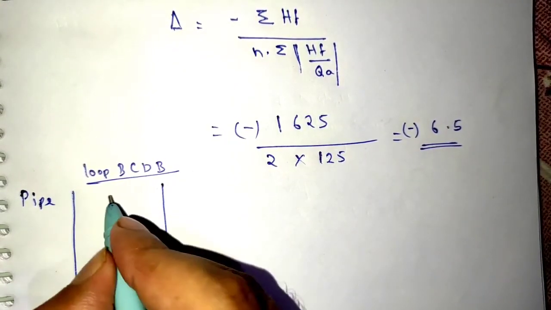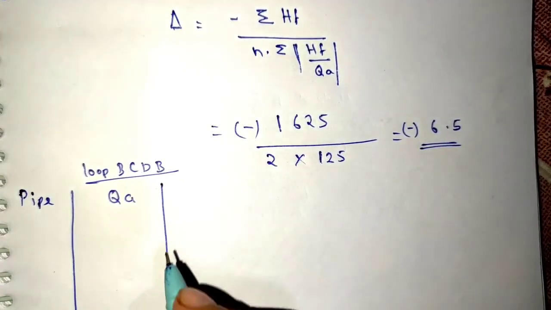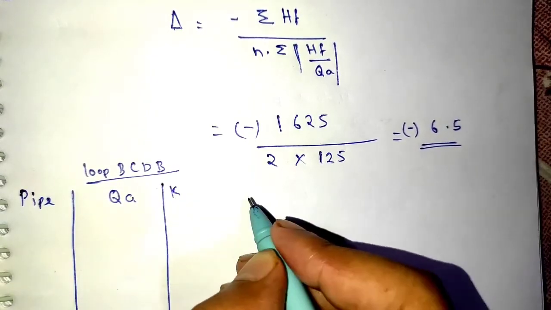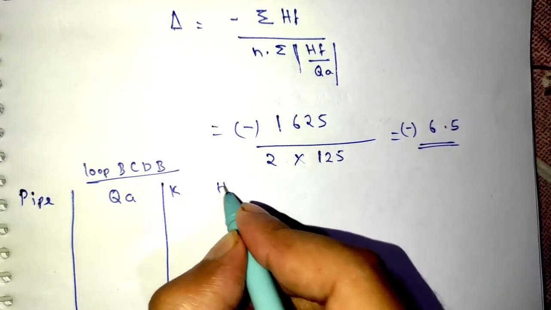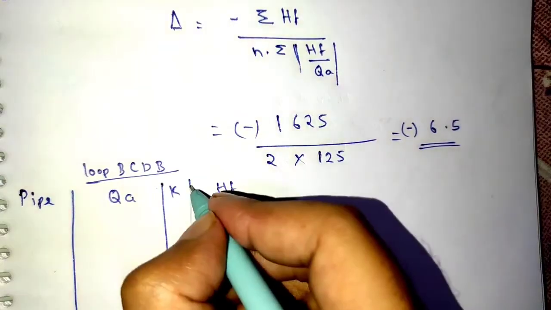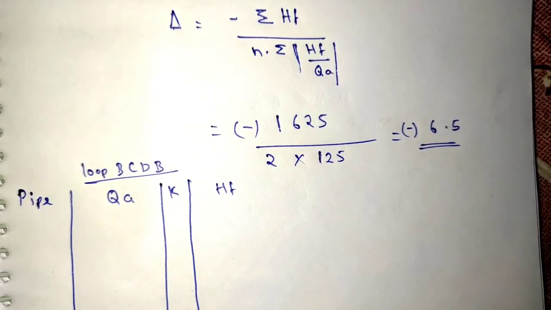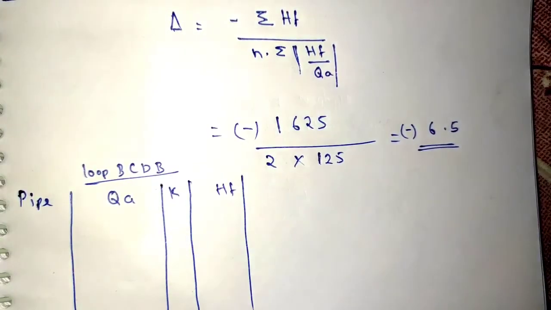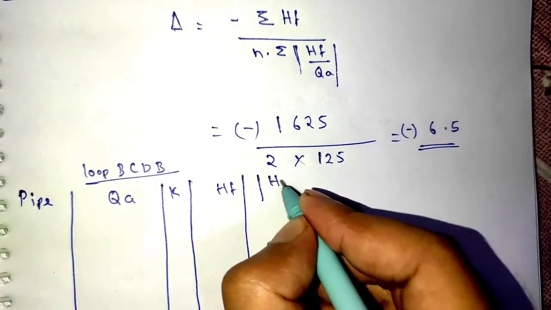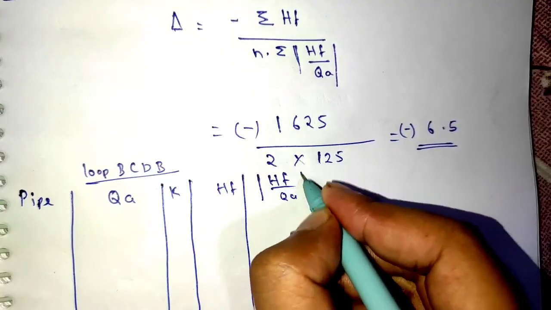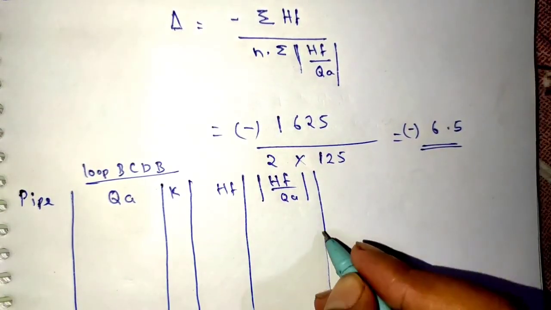So the pipe, then we will write QA here, we will write K here, we will write HF. I'm not writing the formula again because you already know what the formula is. The first table we have given, and then after that absolute HF by QA, right?